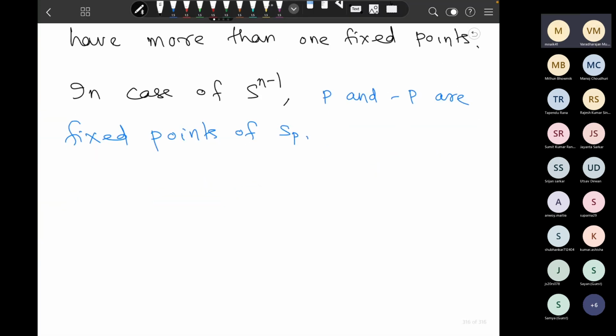So SP of v is really minus v plus 2 times inner product of v and p, times p.